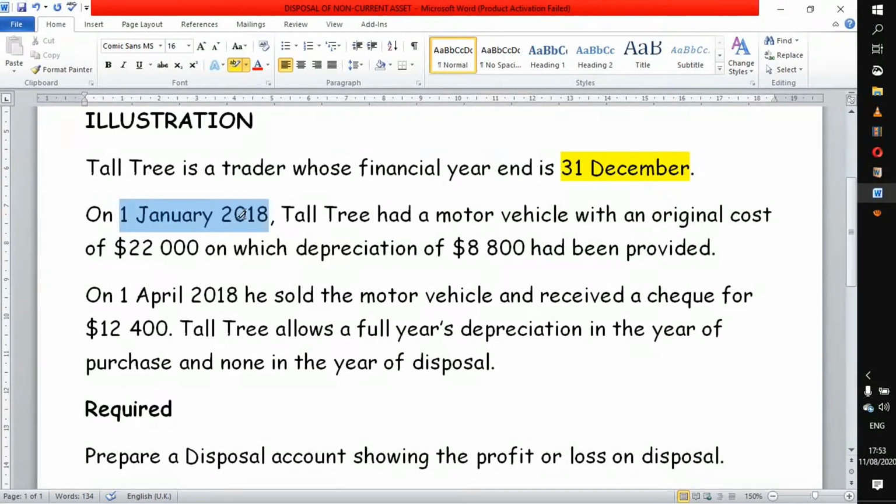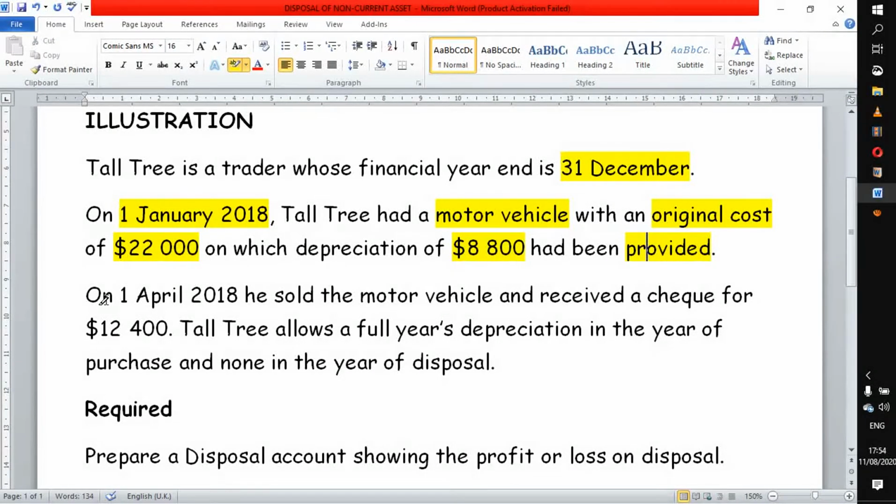So on 1 January, the start of the year, Toll Tree had a motor vehicle, with an original cost of 22,000, which means that is what it was worth when it was bought. On which depreciation of 8,800 had been provided, which means from the day it was bought, this asset had accumulated depreciation of 8,800, up to 1 January 2018.